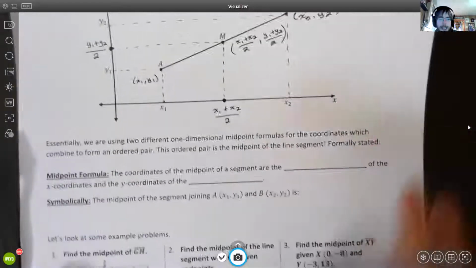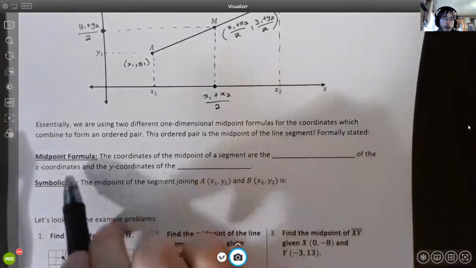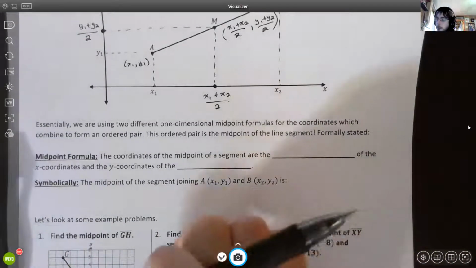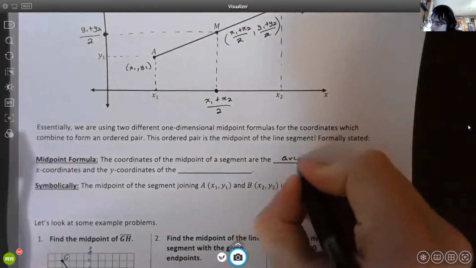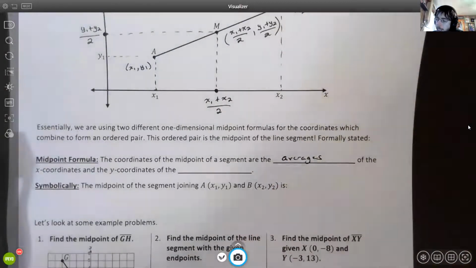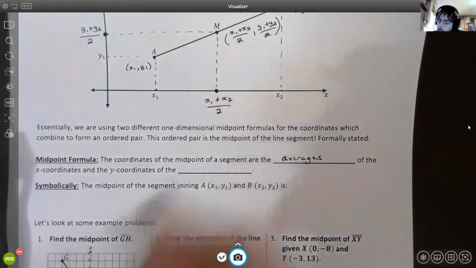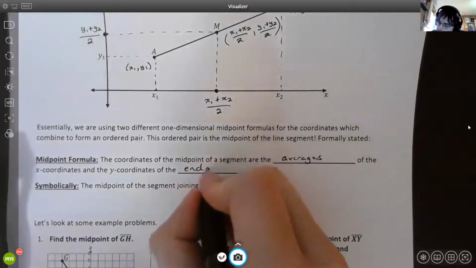So formally stated, the midpoint formula: the coordinates of the midpoint of a segment are the averages of the x coordinates and the y coordinates of the endpoints.